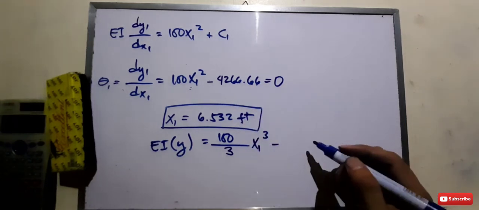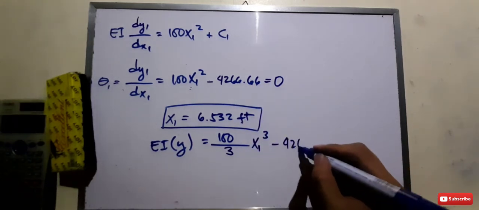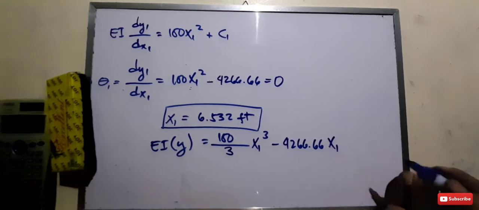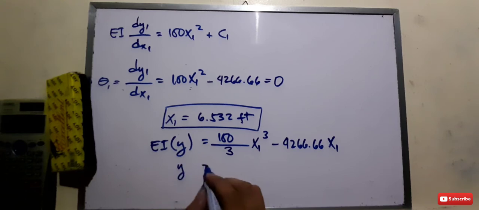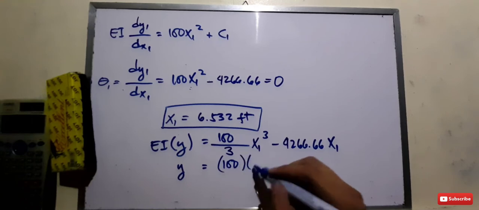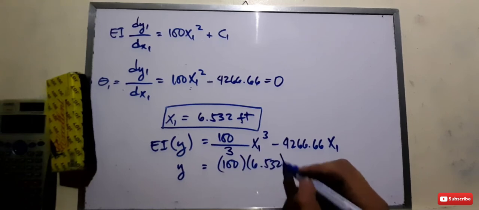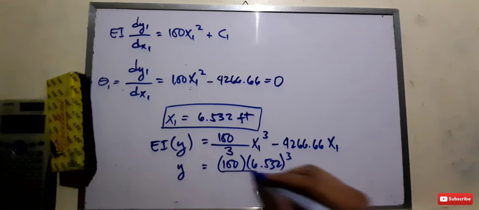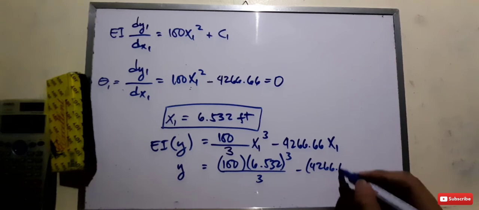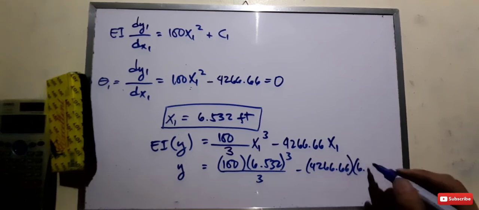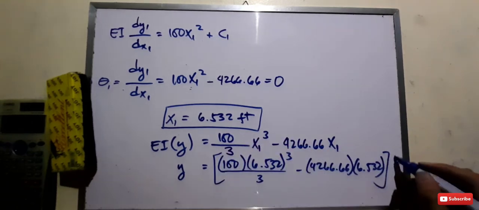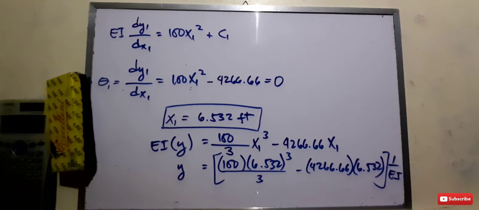So, x sub 1 equals, minus natin agad ang C1, which is 4266.66 x sub 1 of y equals, evaluate natin yung x, no? 100 times 6.532 cube divided by 3 minus 4266.66 times 6.532. Ito ay divide natin sa 1 over EI.